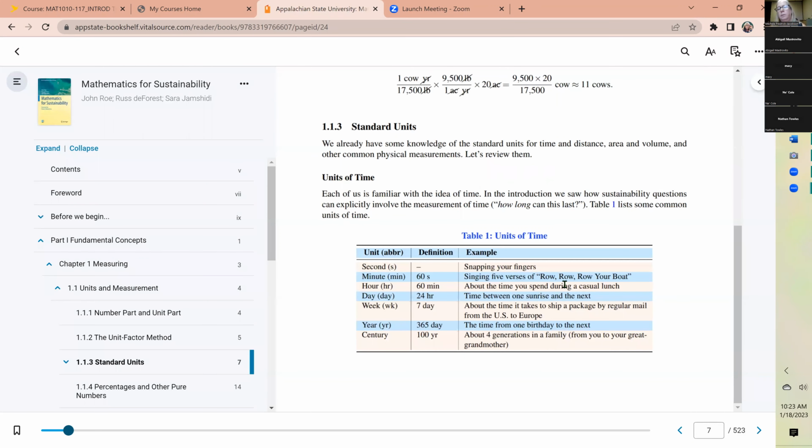And it's giving you a humanized example that you can relate to what a second is. Singing 5 verses of Row, Row, Row Your Boat. About the time you spend during a casual lunch, and so on. So it kind of gives you little estimates.